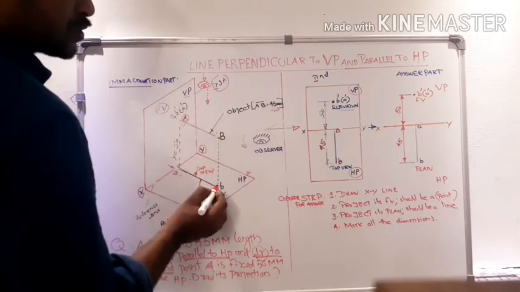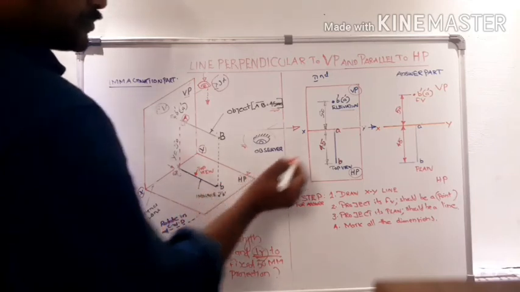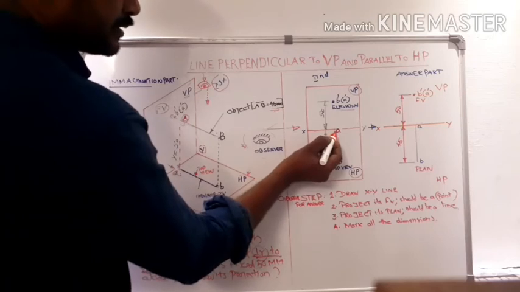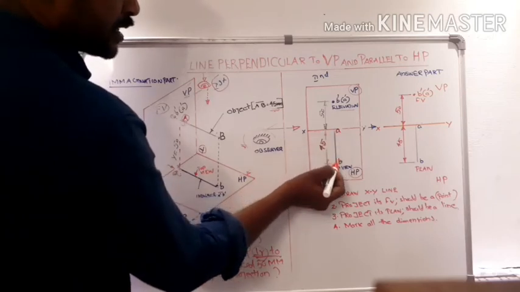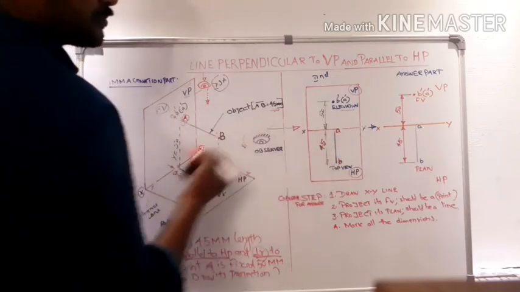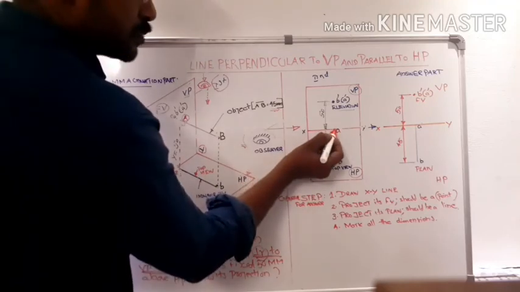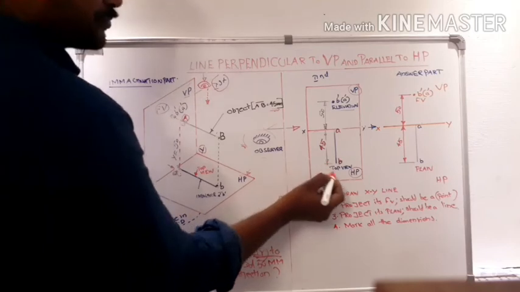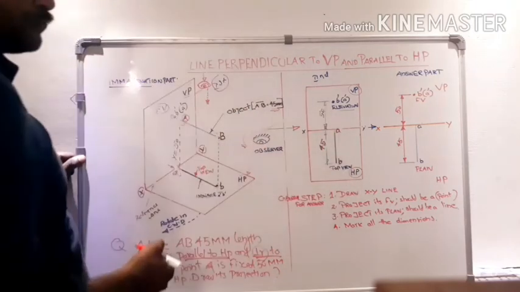That point is called b. Now, after rotating the HP in the clockwise direction, the 2 points come like this. This is point a, this is point b, having 45 mm length. This is called the top view.